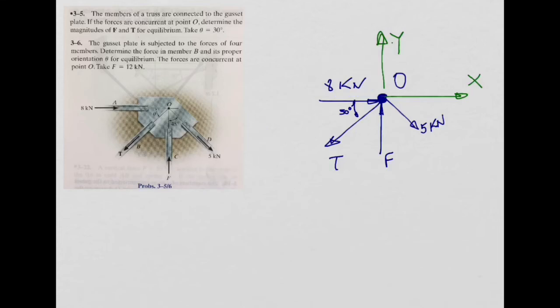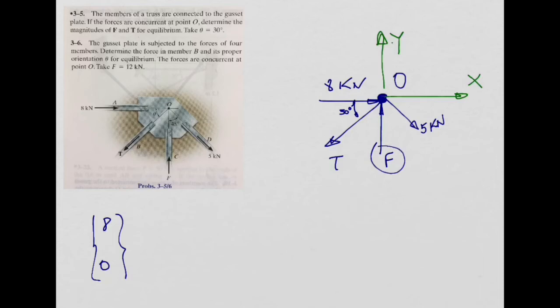This 8 kilonewton, so I'm going to use matricial notation. We have a component in the x direction only, which is equal to 8. Agree with me? This is a 2D problem, so this is my 8 kilonewton vector.